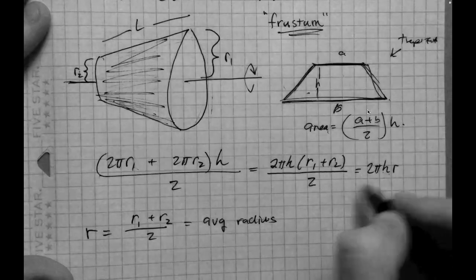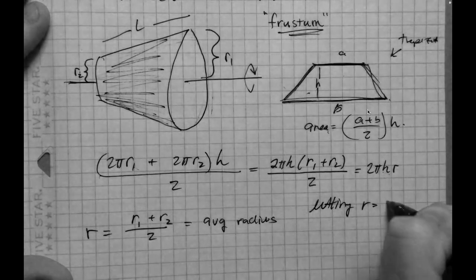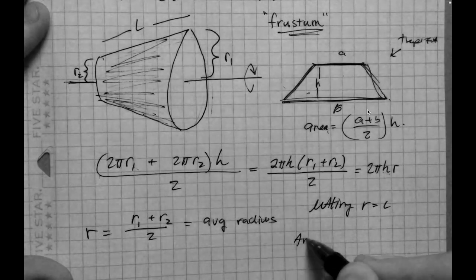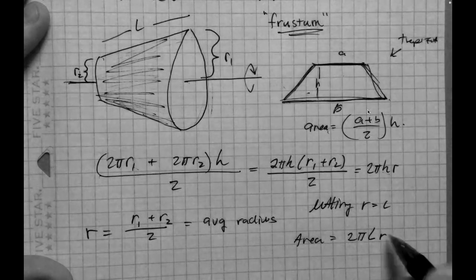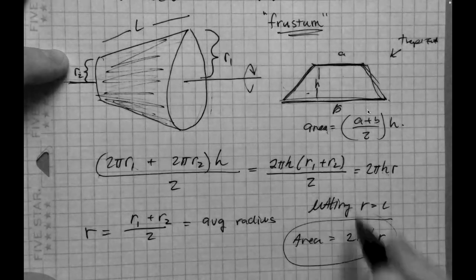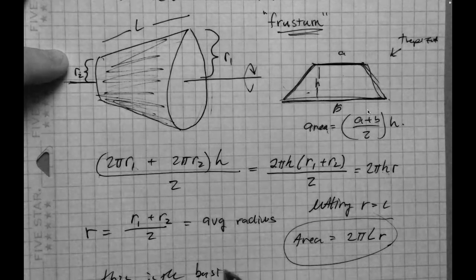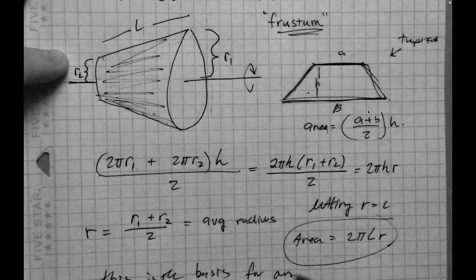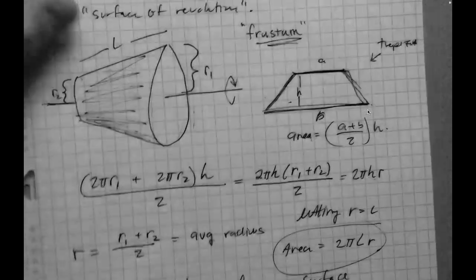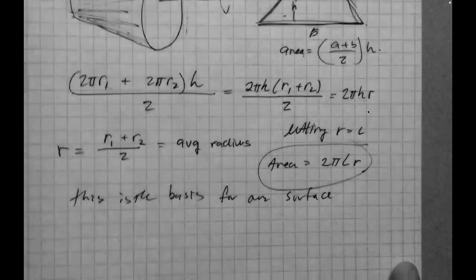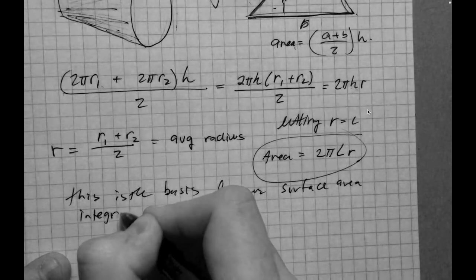And so, letting h equal L, the area is equal to 2 pi L times r. This is the basis for our surface area calculation. This will be the basis for our surface area integral.